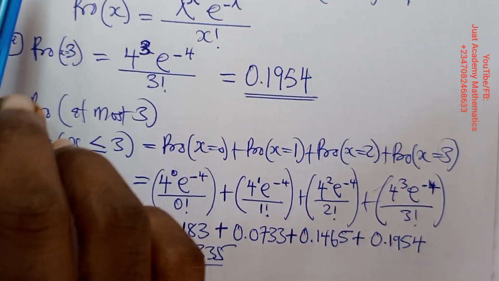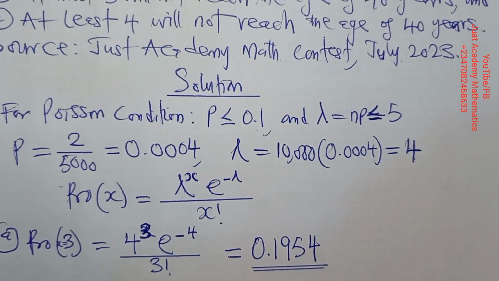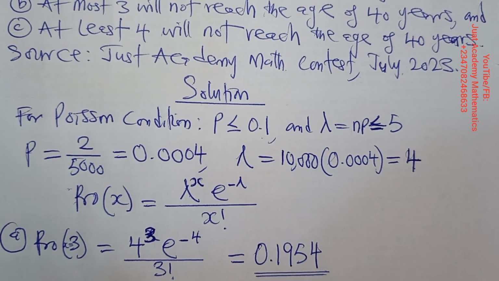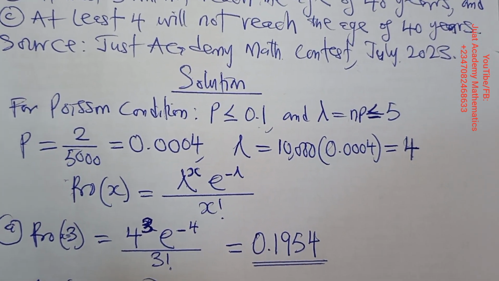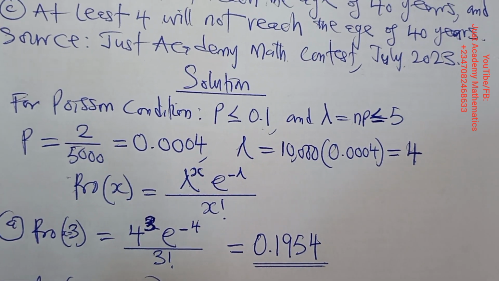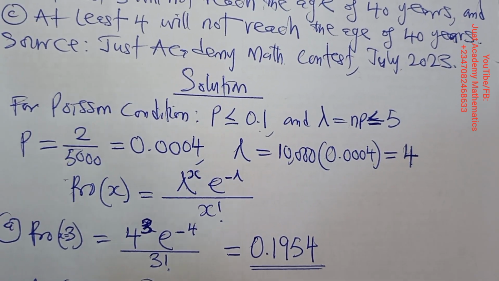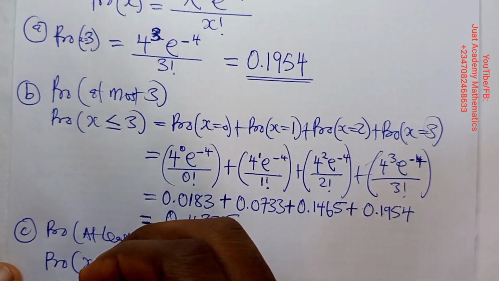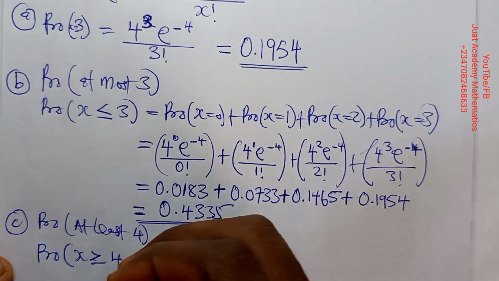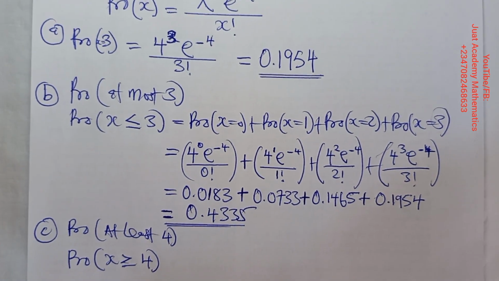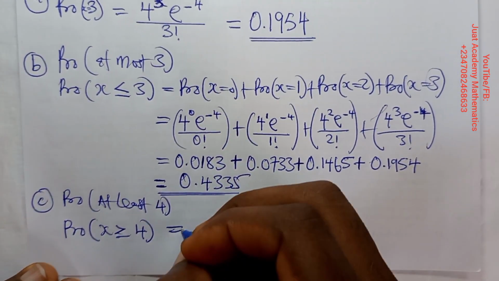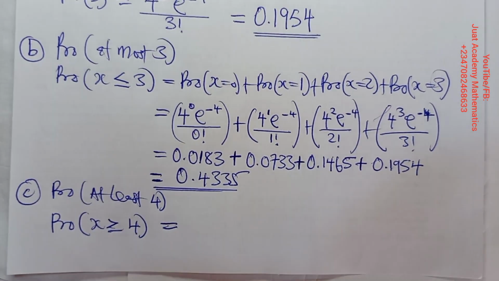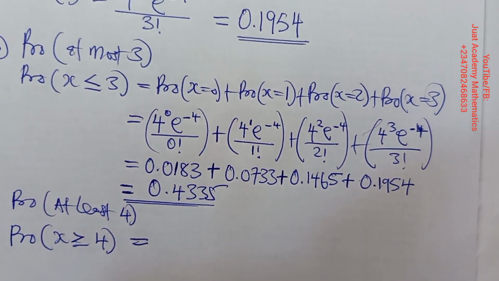Then finally, probability for at least 4. Probability for at least 4 means probability for x is greater than or equal to 4. That is from 4 and above, and what that means is 5, 6, 7, 8 to infinity.